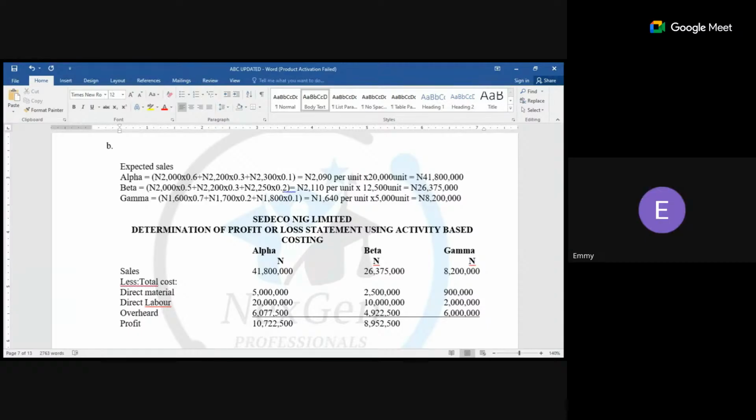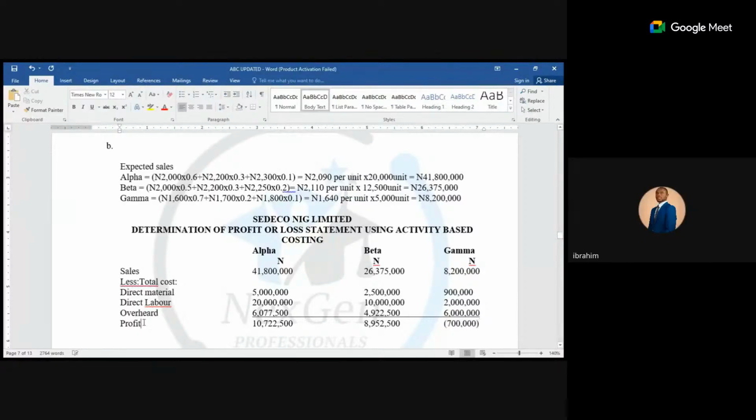Since we have a loss of 700,000. 700,000 loss. Is it a loss? Okay, yes, it's a loss, sir. Yes, it is 700,000, correct. 700,000 loss.